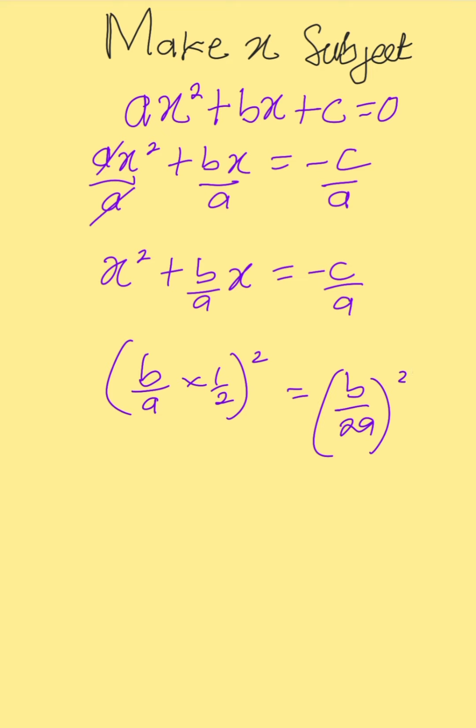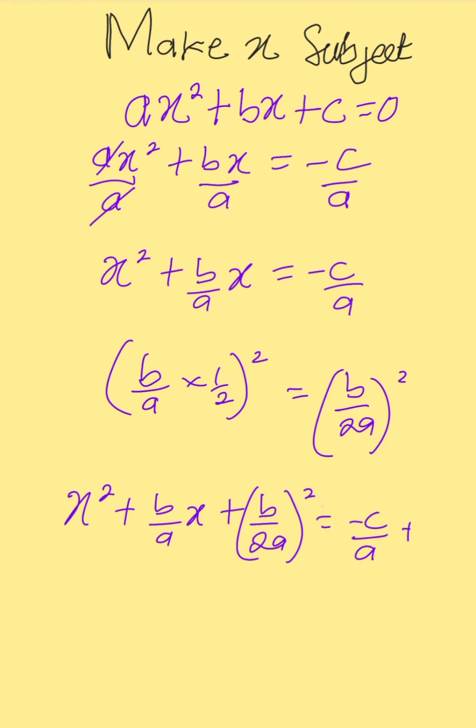This is what we shall add to both sides, because anything you do to both sides of an equation, we still make it to be balanced. So we shall have x squared plus b over ax, then plus b over 2a all squared equal to minus c over a plus b over 2a all squared.